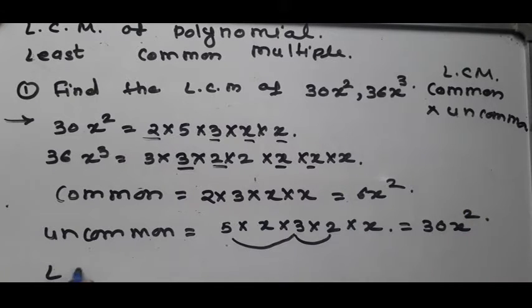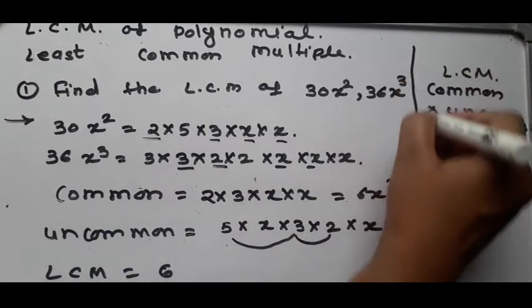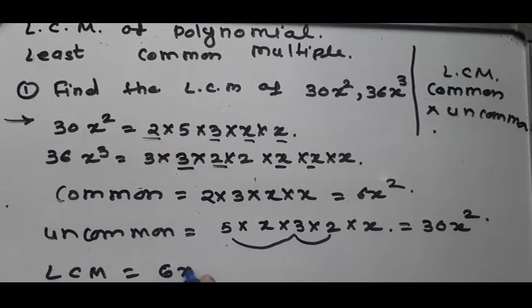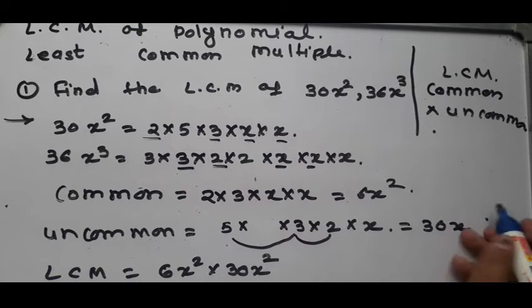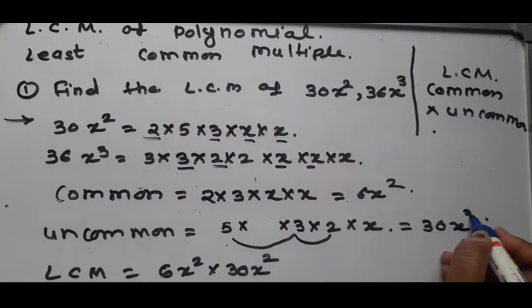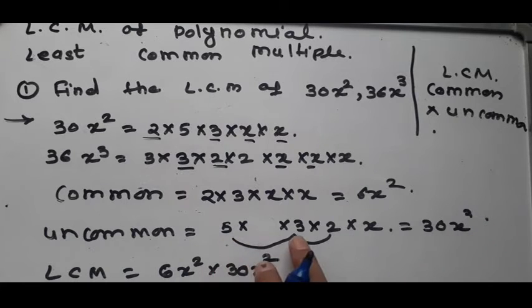Now LCM of the term equal to common multiplied by uncommon. So common is 6x square multiplied by uncommon is 30x square. No, here 1x is not common. This x is not common here. It will be x cube. Uncommon term will be 5 into 3 into 2 into x, 30x.